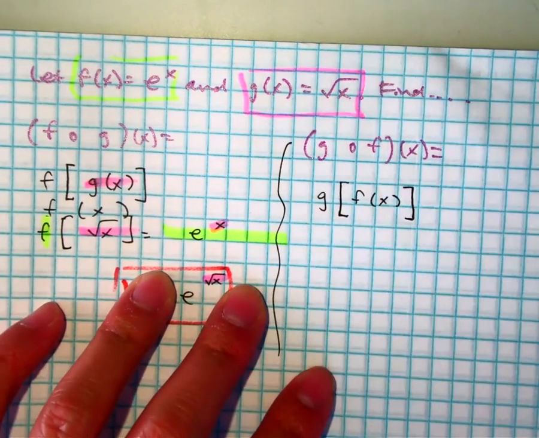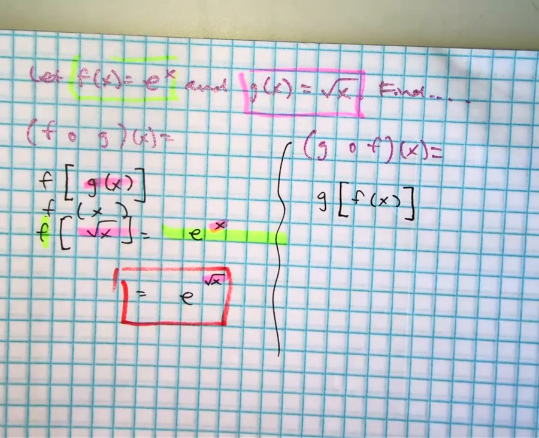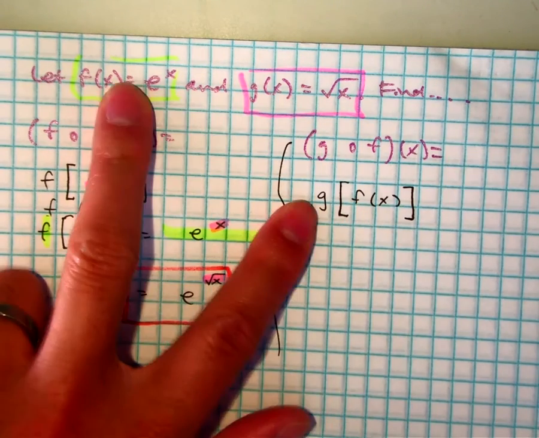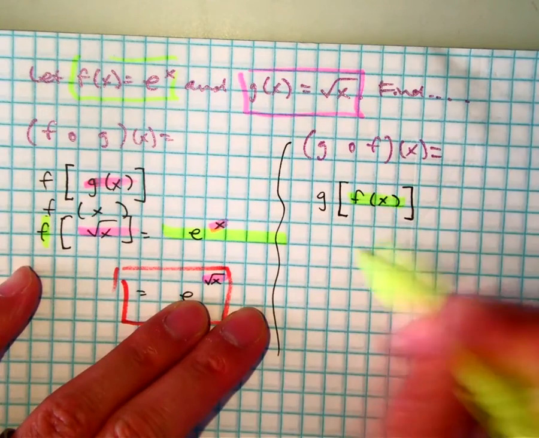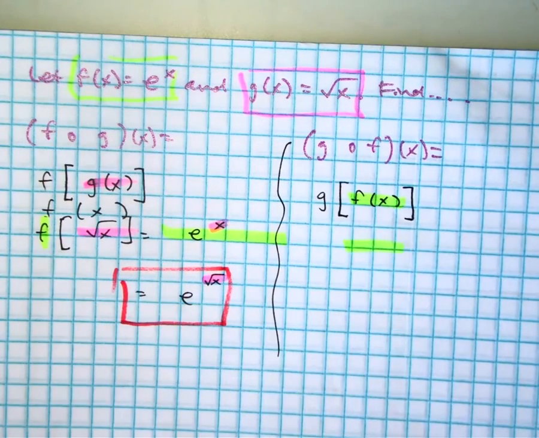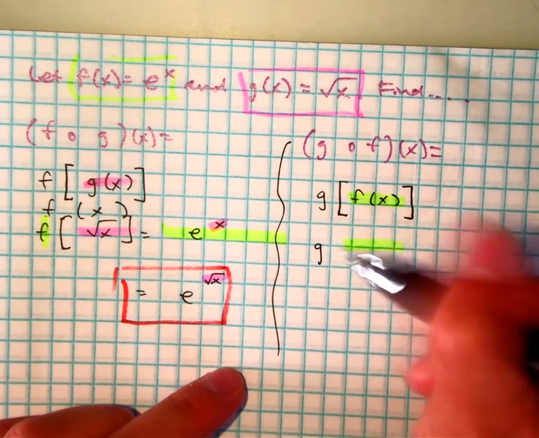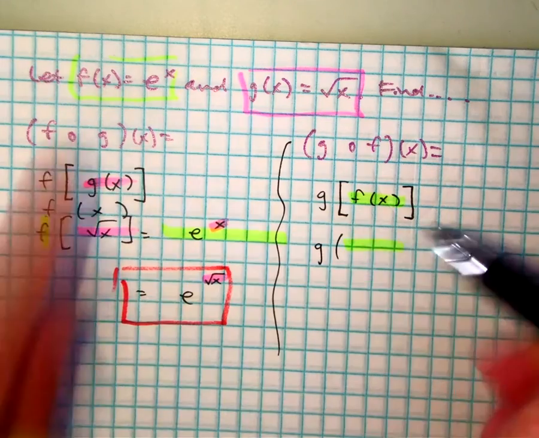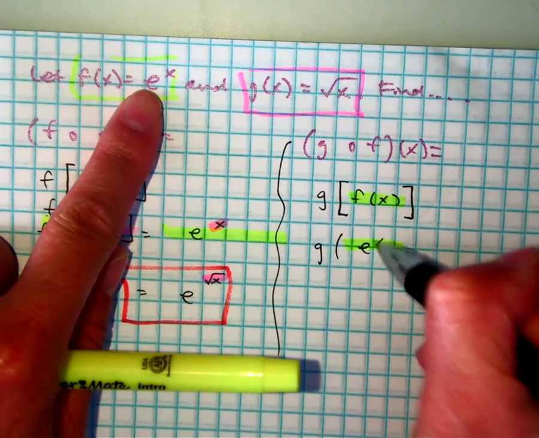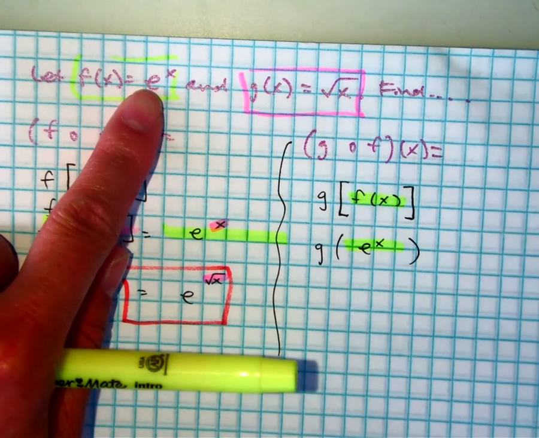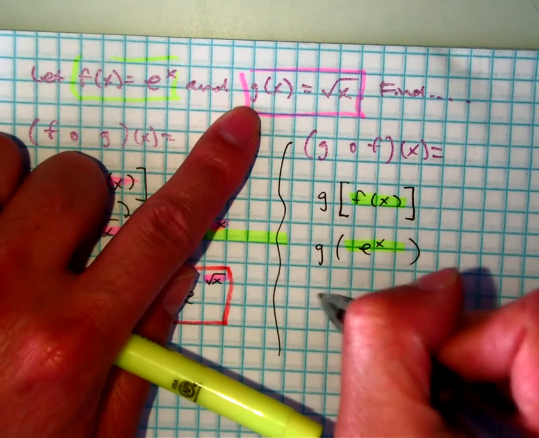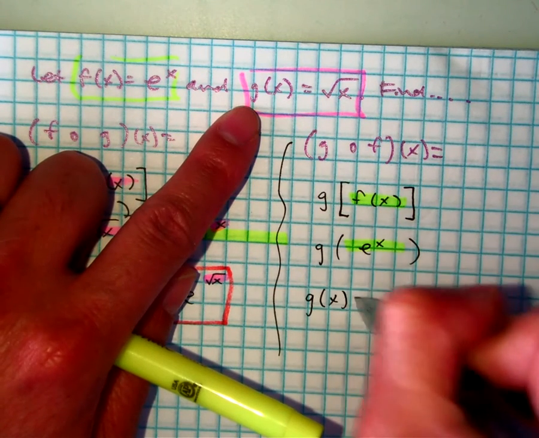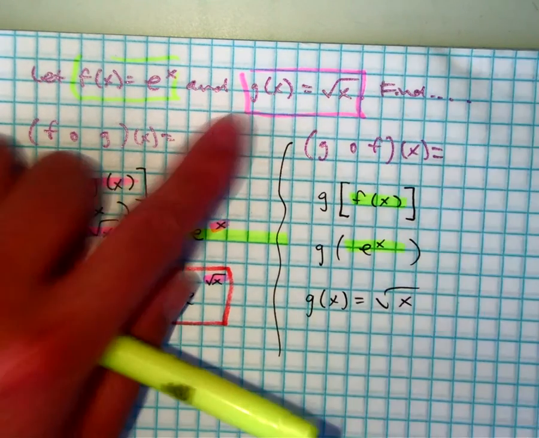So, f of x is yellow. So in the function of g, every x value we're going to put in what? E to the x power. Okay? Watch. Here is the function of g. G of x equals the square root of x.